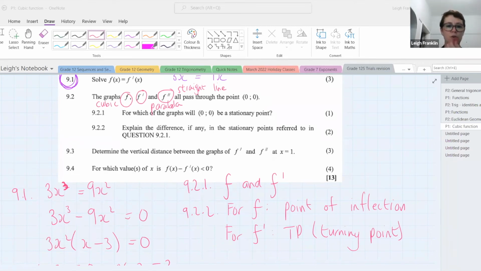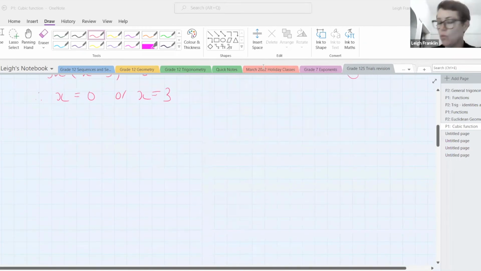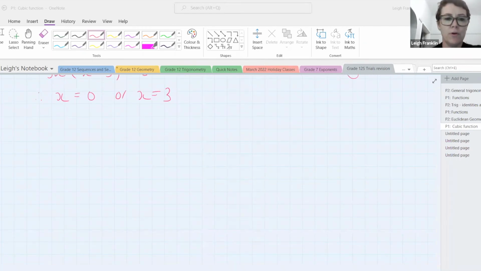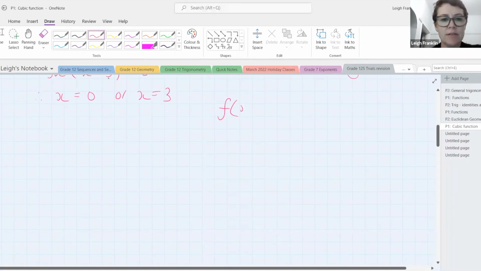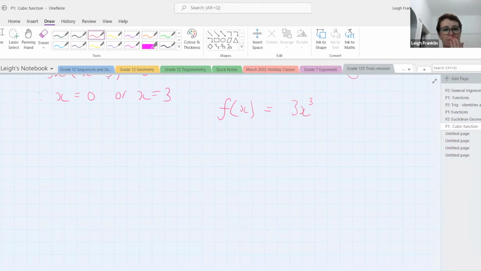So, Cassandra, you're asking why, do you mean why is it a turning point for the one and a point of inflection for the other? Okay, all right. So if we consider what the graph of f(x) = 3x³ looks like, what would it look like, Cassandra?